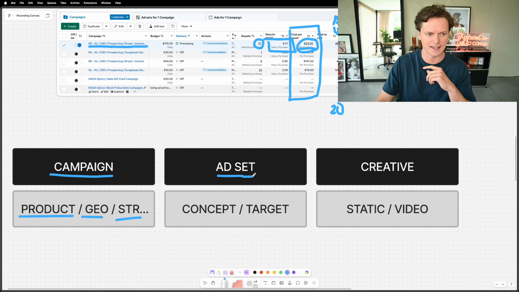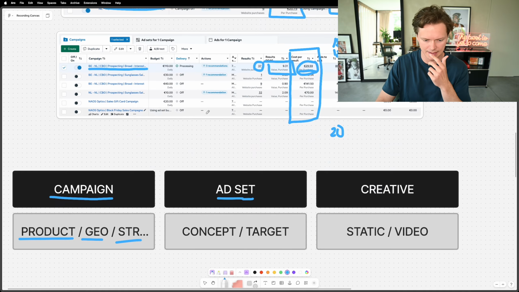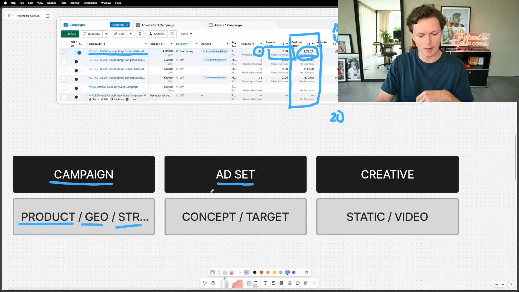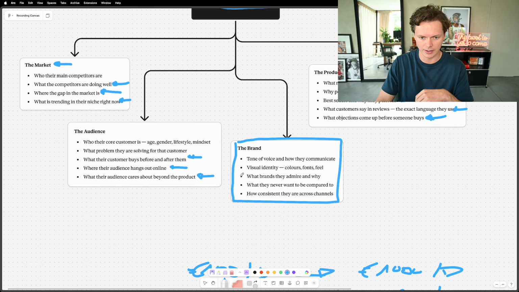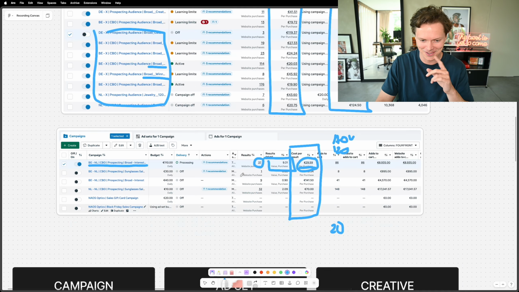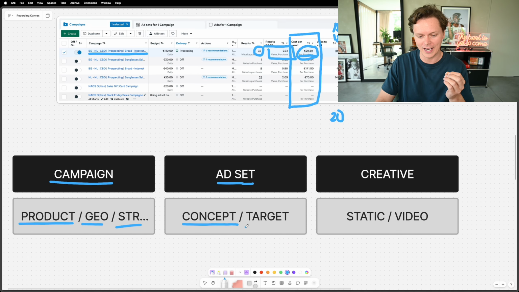Then you have your ad sets, which is what you see here. These are all my ad sets, which can be split up mainly by a concept. For example, a concept like we are yet to see in the video. I'm going to go to concepts and explain what concepts are, or a target, right?